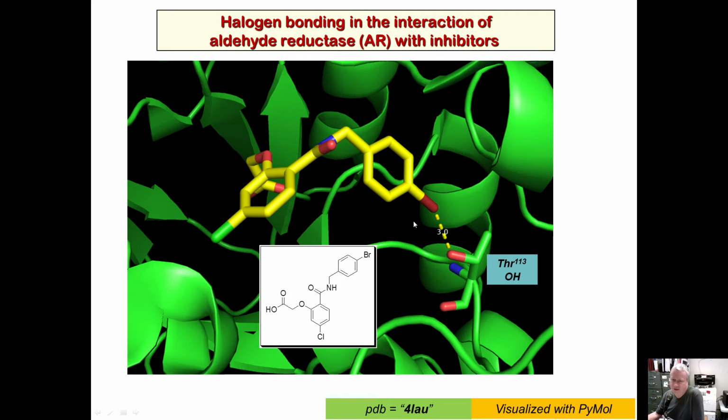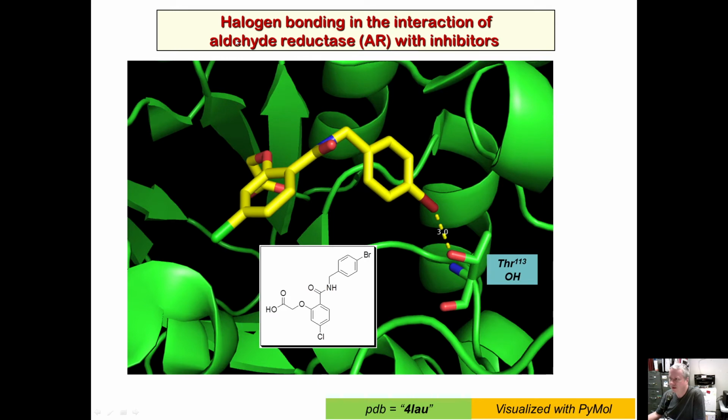So there's various examples of this in the literature, and it's a pretty well considered interaction. Whether or not they made an iodide version of this, that would be kind of interesting. At some point, the iodides would get a little larger and maybe bump into things, and that could be a problem. So usually the way you do this is you just make a series of compounds and then look at the IC50 and pick the best one.